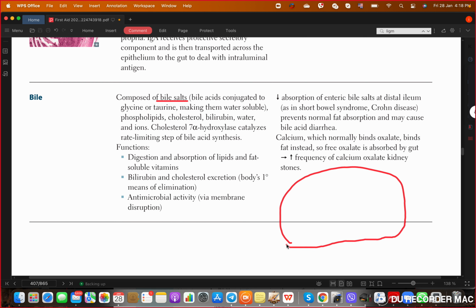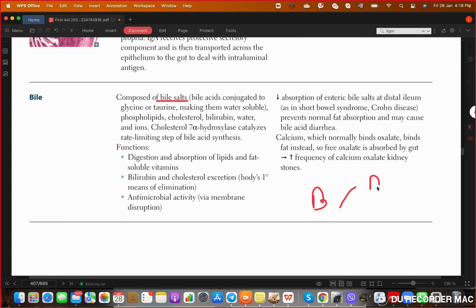Okay. So there will be decreased absorption of the enteric bile salts at the distal ileum. They are saying that in some cases we can have decreased absorption of the enteric bile salts at the distal ileum. Remember, the bile is made out of what?